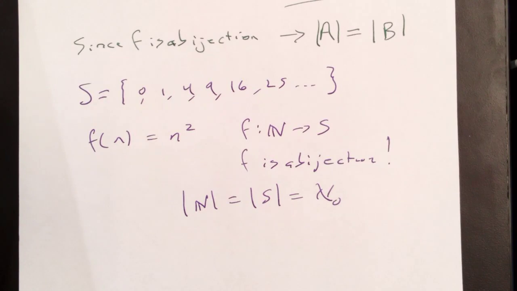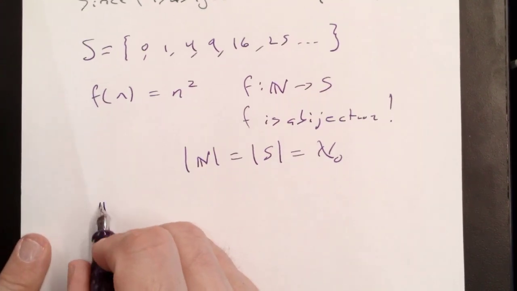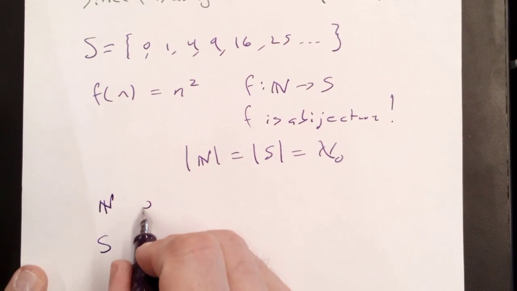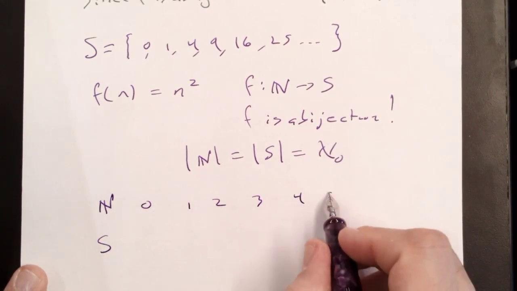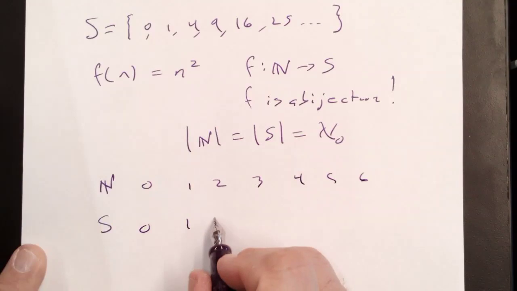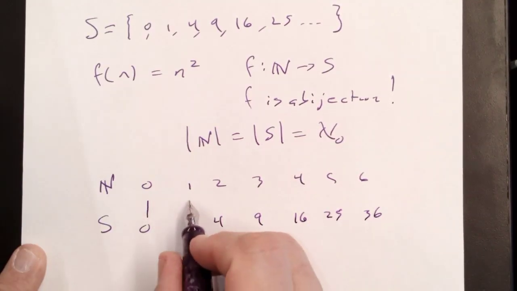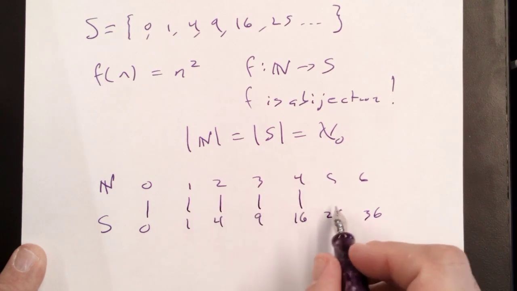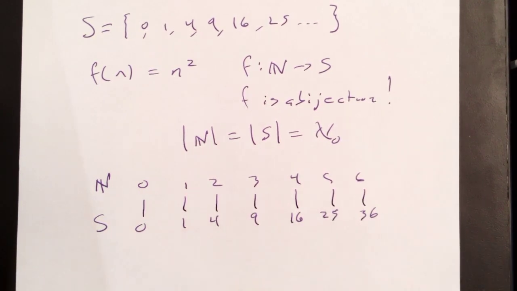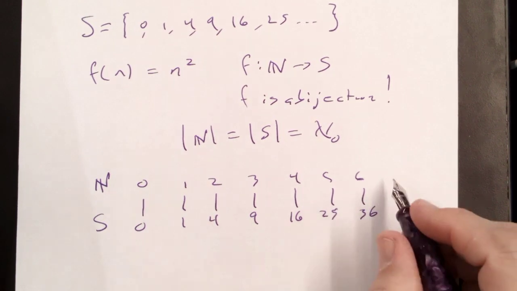As a matter of fact, I could even show that this is a bijection by writing out the set N and writing out the set S. There's the function f, isn't it? That's definitely 1-to-1. It's also definitely onto. You're not going to miss anything in the bottom row, even if you keep going.